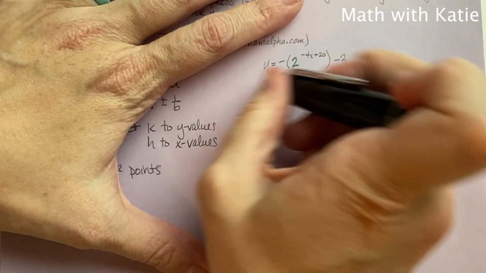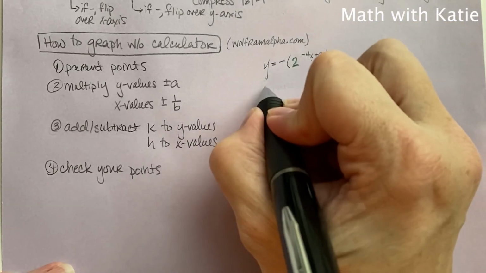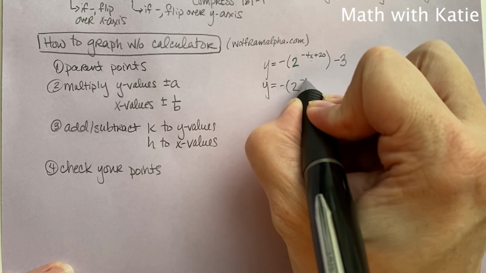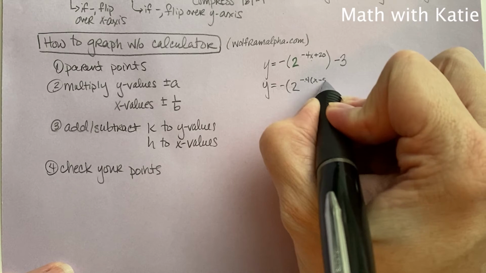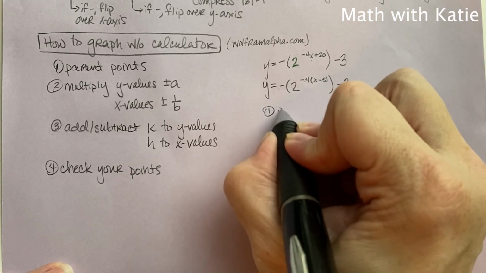Actually, no, the first thing we need to do is get this x by itself. So we're going to factor out the -4. So 20 divided by -4 is -5. Okay, now we can do our parent points.